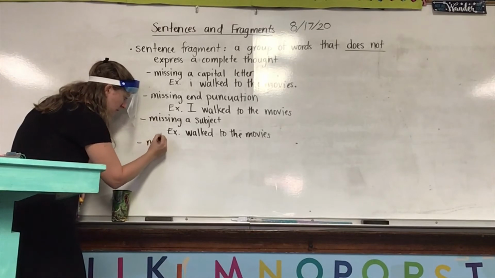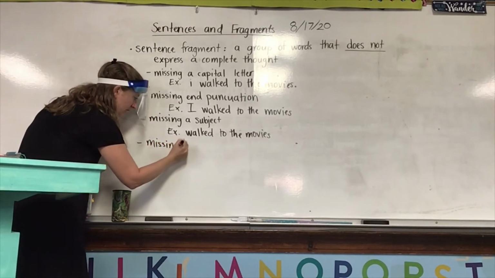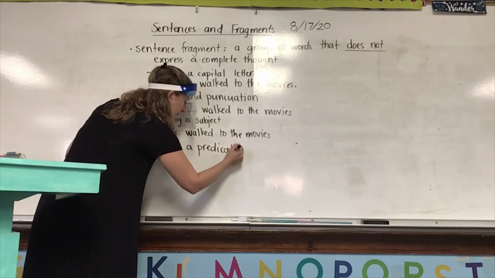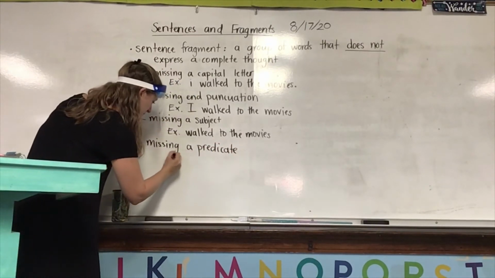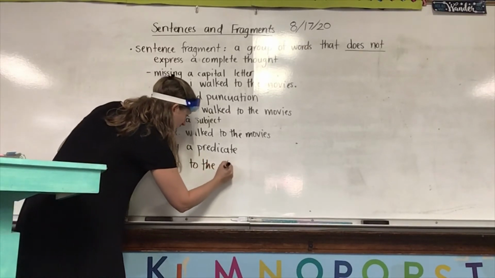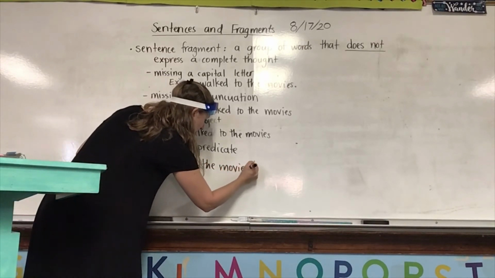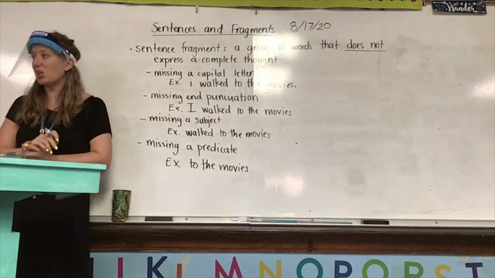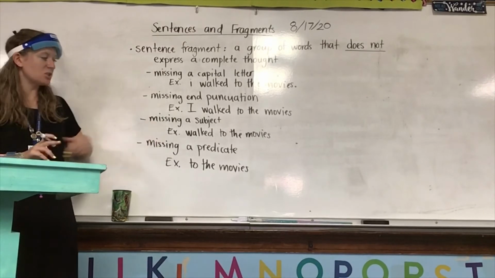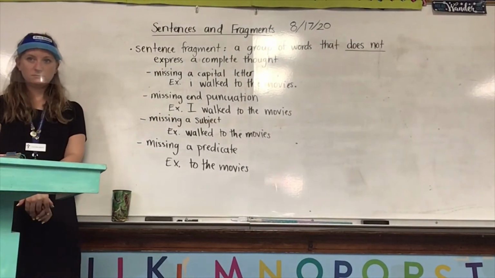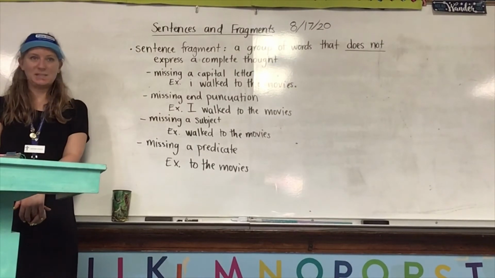Or it could be missing a predicate. For example, to the movies. It is missing an action. It's also missing a who. So it's missing both a subject and a predicate. We do have more to write, but not for a minute.